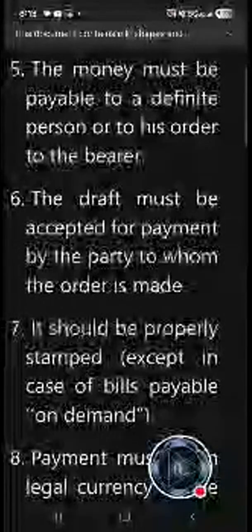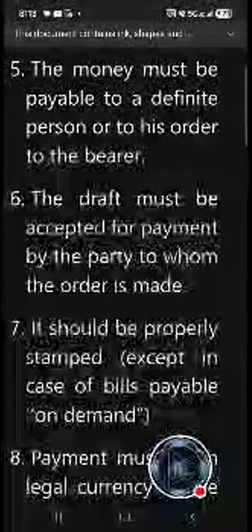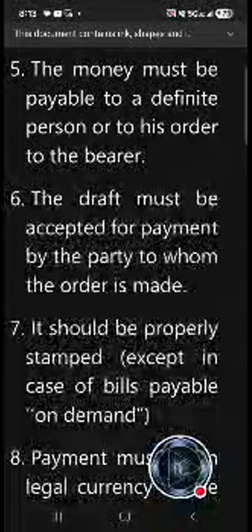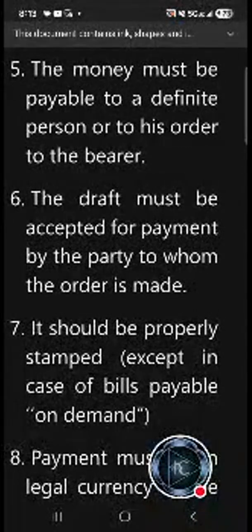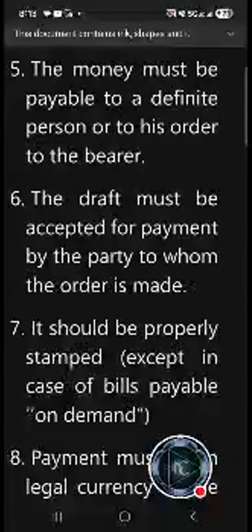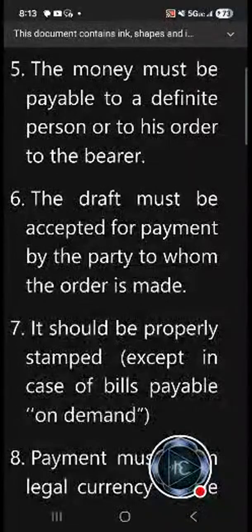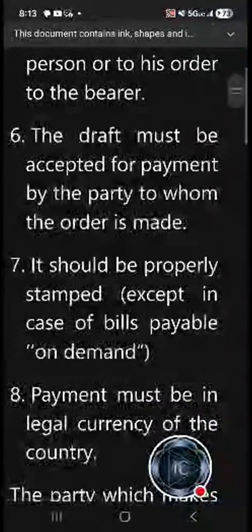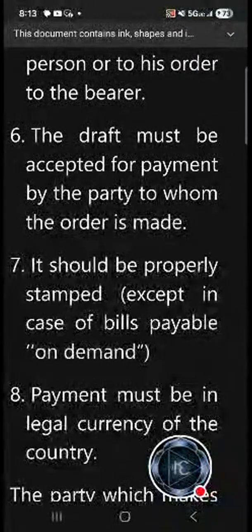The money must be payable to his order. Who is his? And then it says to the bearer. The money must be payable to the bearer. Those are the conditions: to his order, to the bearer.